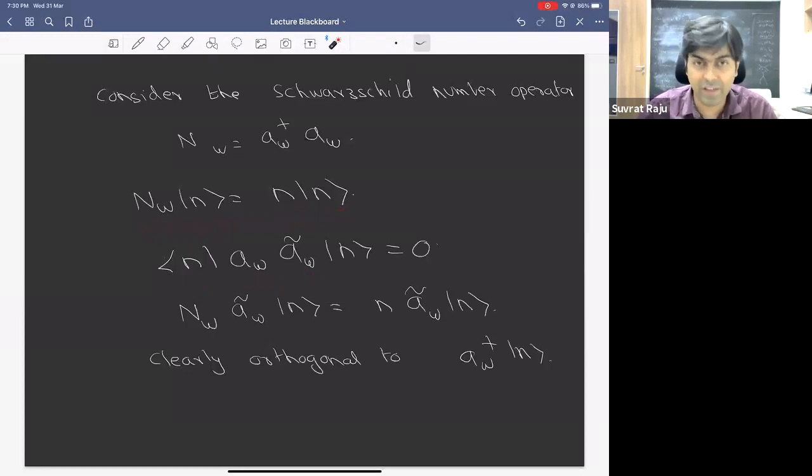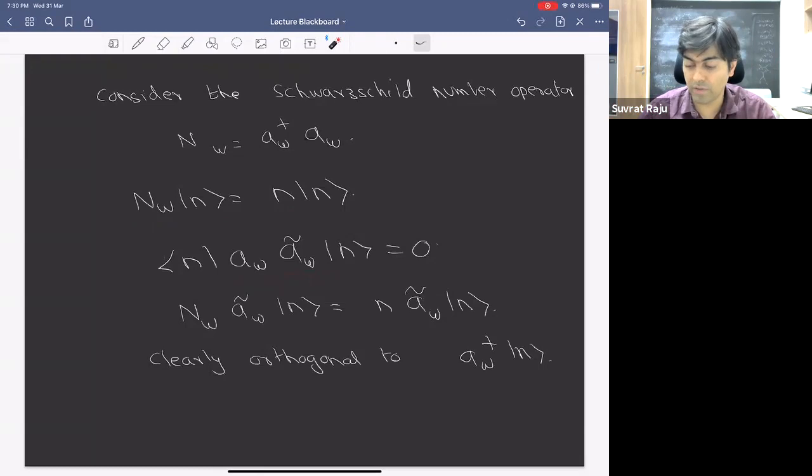Such states exist, but they don't have the right fluctuations. Remember, to have a smooth interior, you shouldn't be in a number eigenstate of the Schwarzschild number operator. Rather, you should have some fluctuations in the number operator, and on the mean, you should have the right thermal occupancy. But if you really pick an eigenstate of the number operator outside, it cannot have the right correlators between operators in front and behind the horizon.